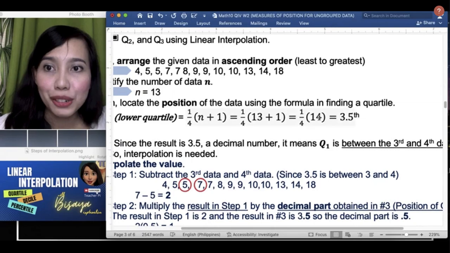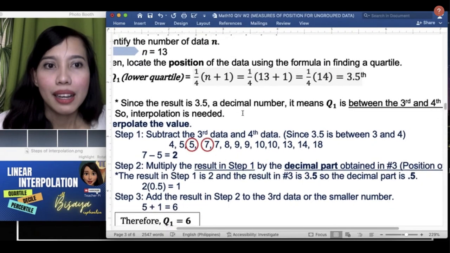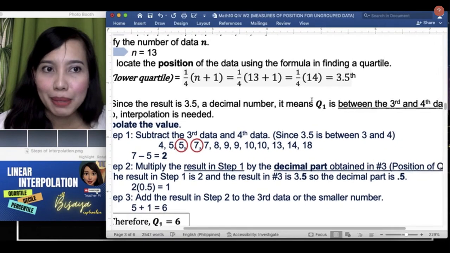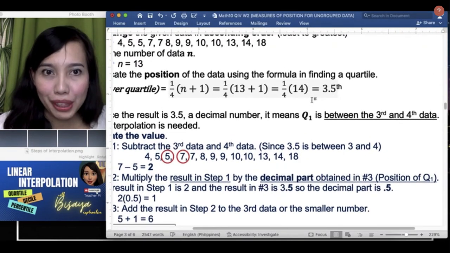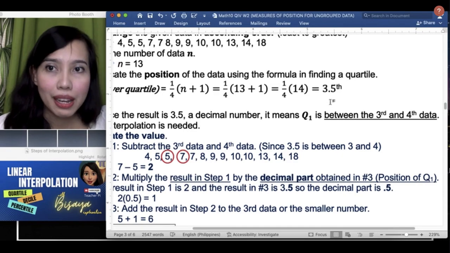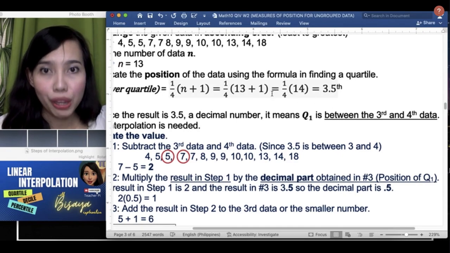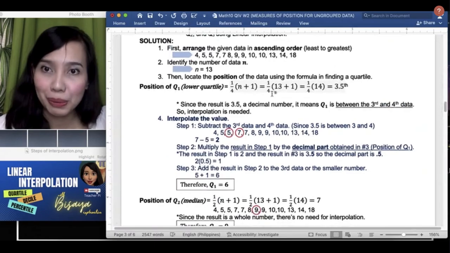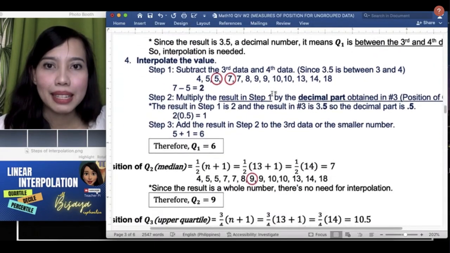Now, let's interpolate, since we got a decimal. Q sub 1 is between the third and the fourth data. The 3.5 is right in the middle of 3 and 4. So if it's 3.5, it's between the third and fourth data, so interpolation is needed.